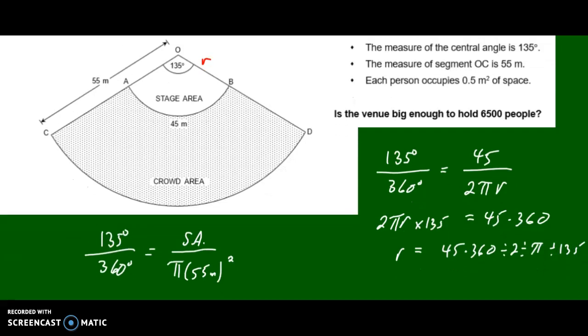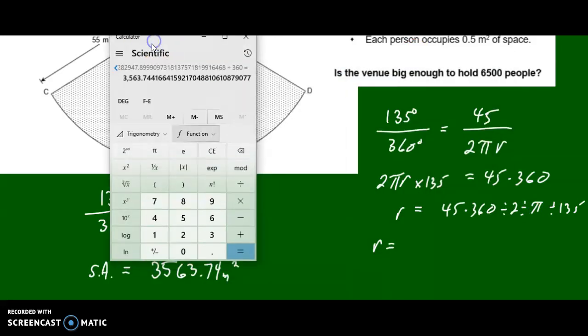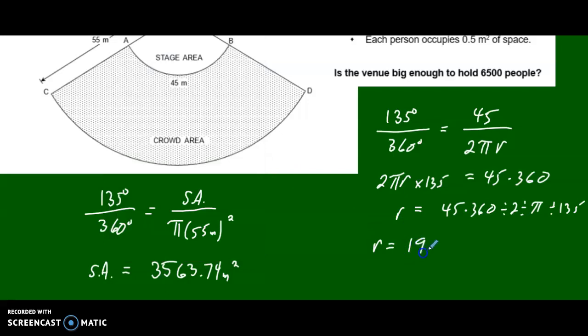So the radius is going to be, let's do it, 45 times 360 equals, divided by 2, divided by pi, divided by 135 equals 19.1 meters.